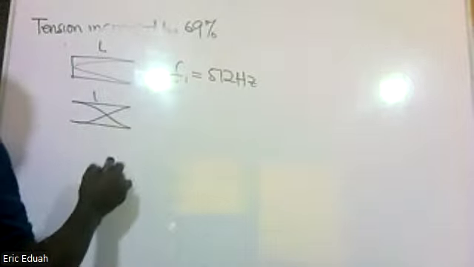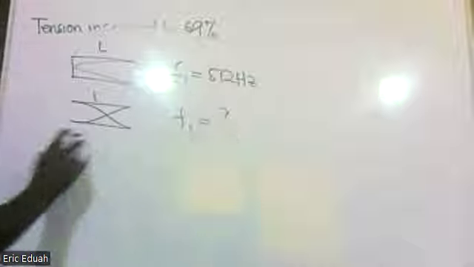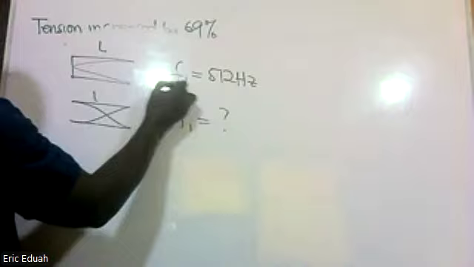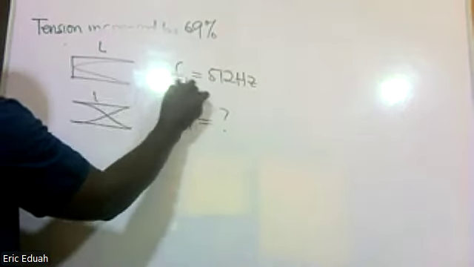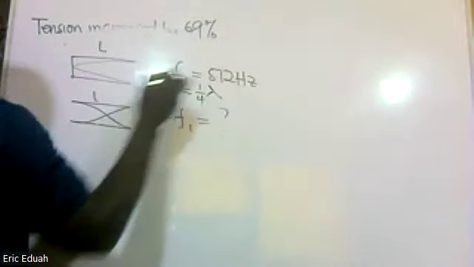We don't know the fundamental frequency if the same tube is open at both ends. But for the closed tube, this length L is equal to a quarter lambda.